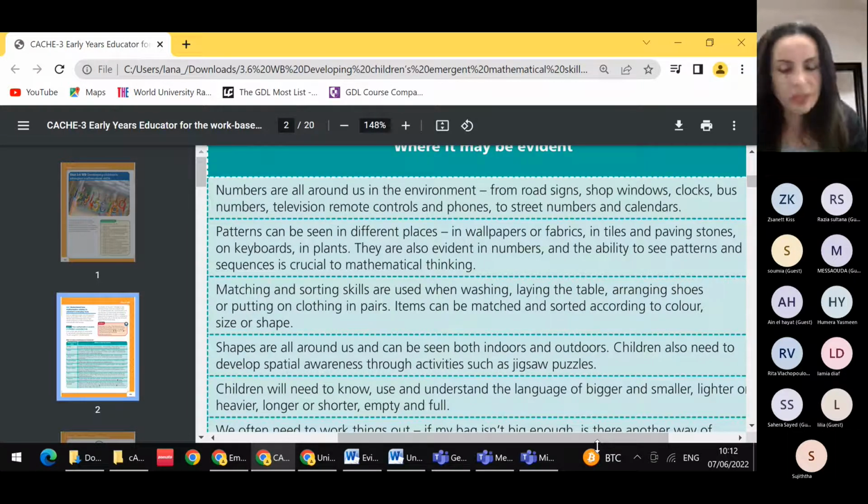On the keyboards, when you look at the keyboards, all letters and numbers, lots of numbers. They all have numbers, so there are patterns everywhere.